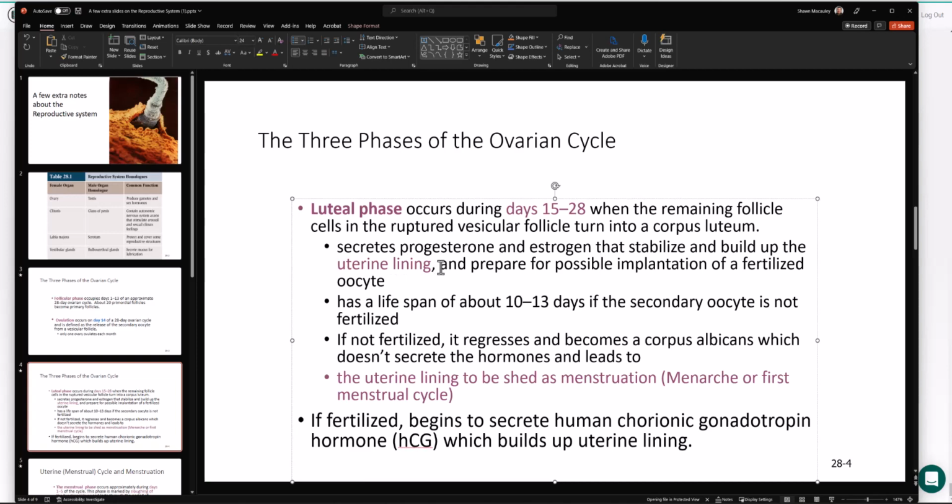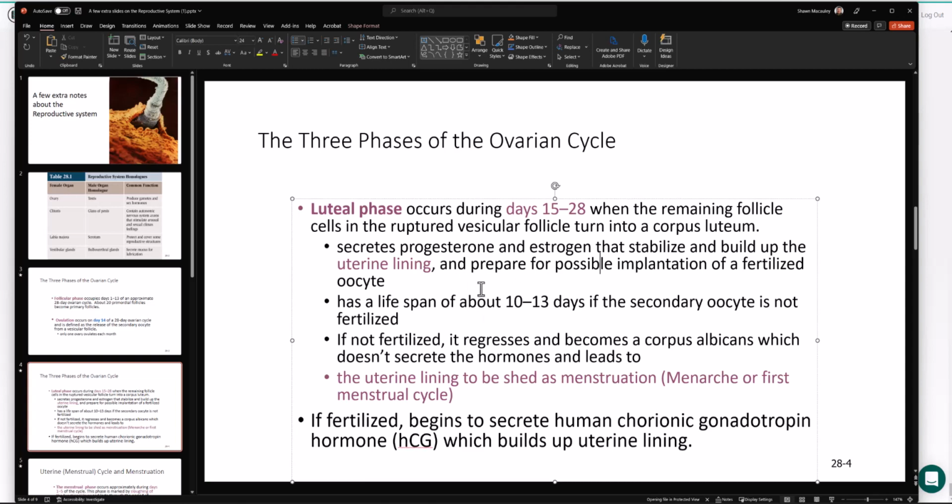So basically, the corpus luteum is sending out a signal. The ovary just released an egg. If that egg gets fertilized by a sperm, then what's going to happen? About 5 or 6 days later, there's going to be an embryo arriving at the uterus waiting to become implanted. And the corpus luteum is basically sending out a signal saying, hey, uterus, I just released an egg. There's a chance that it's coming down the fallopian tube.